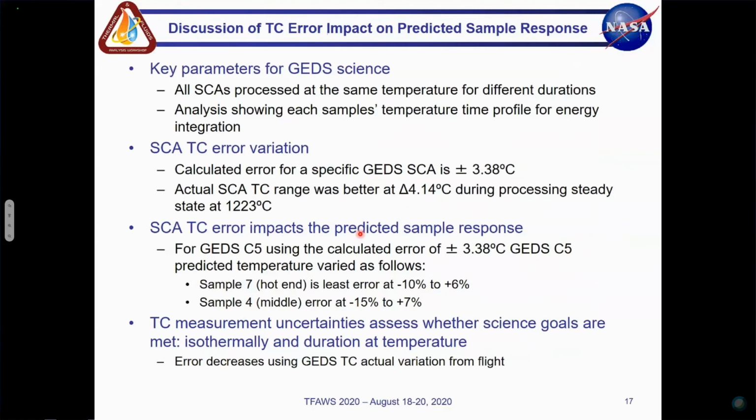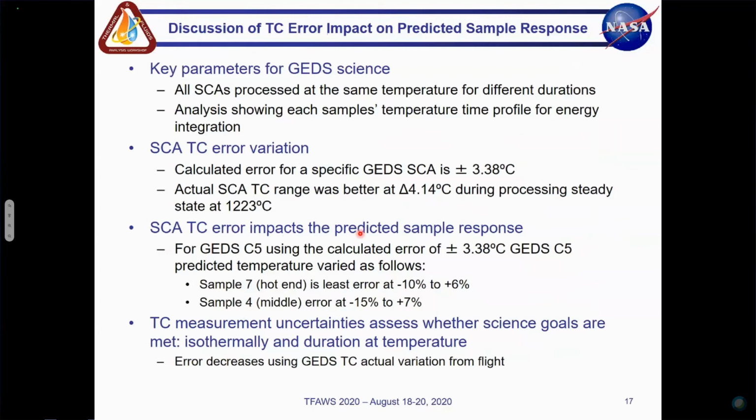The SACA thermocouples have a calculated error of plus or minus 3.8 degrees Celsius, where the worst measured distribution was 4.14 Celsius during processing steady state at 1223. The thermocouple error predicted temperature varied for sample 7 was between minus 10% and positive 6%, and minus 15 to positive 7% for sample 7.